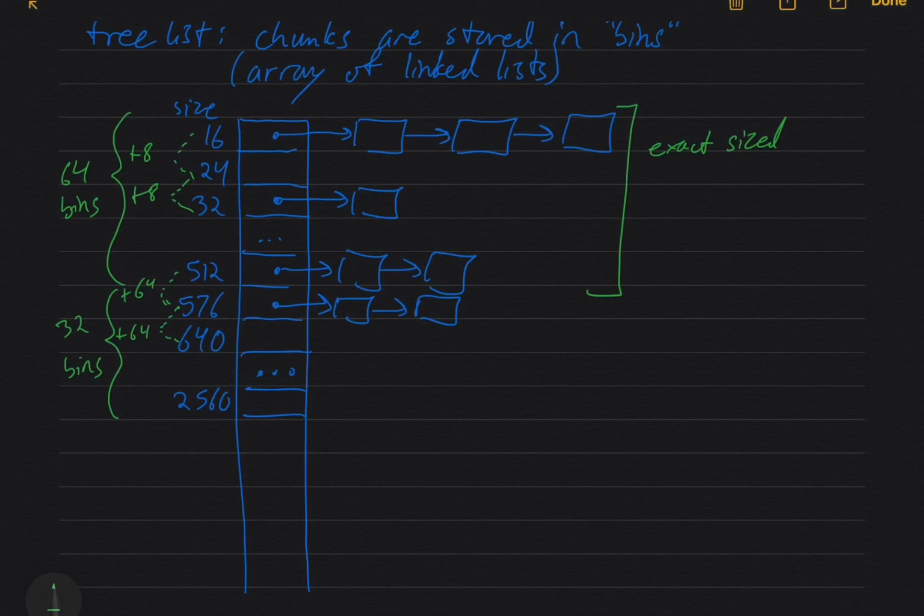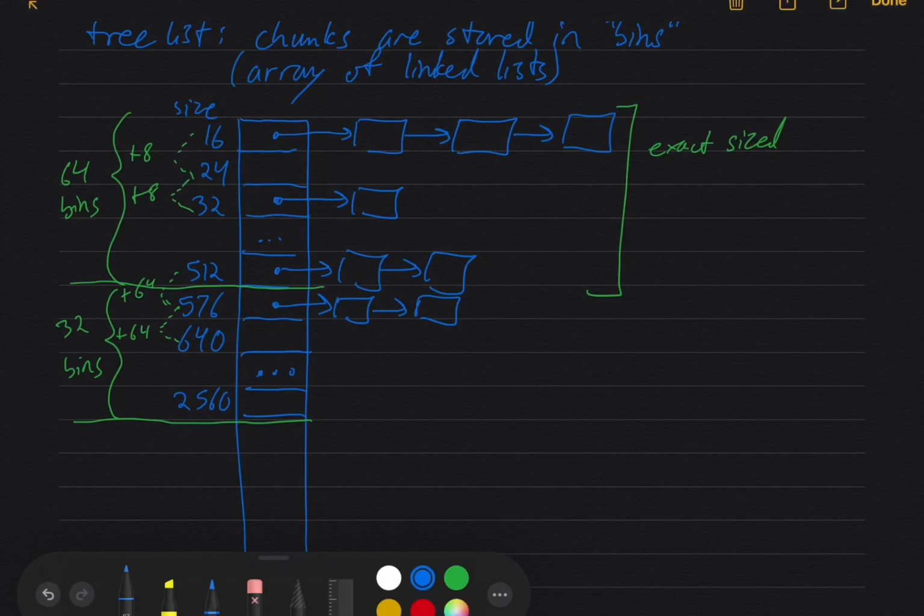And let's just draw a dividing line. So there's one set, there's another set, and now the increments get bigger again.